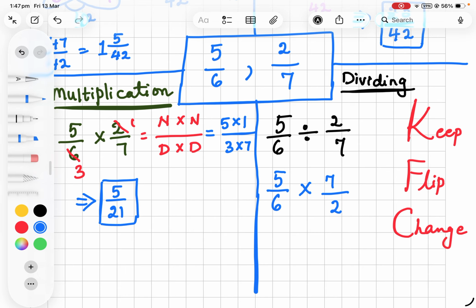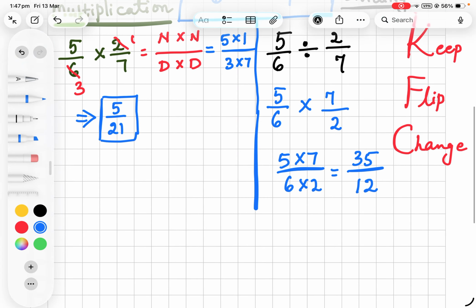Now, the same technique of multiplication can be used here. There's nothing for me to simplify. So I'm going to multiply numerator times numerator, which is 5 times 7, and denominator times denominator. So 5 times 7 is 35 and 6 times 2 is 12.